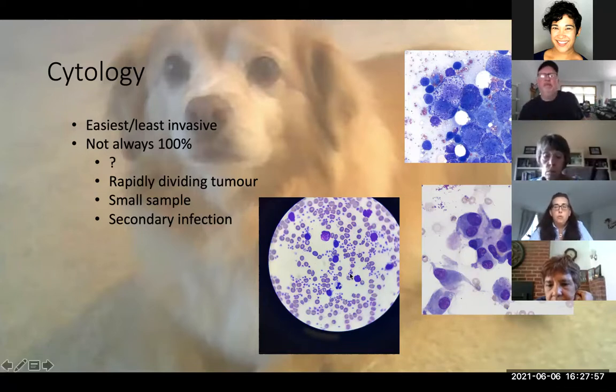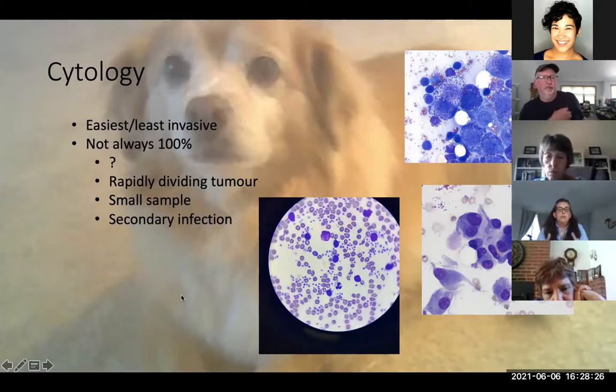But if you look at the one on the bottom left, these are the neoplastic cells, the cancer cells, and they are only a few. The majority of them are red blood cells. So I'm not going to be able to say with confidence that this is truly a cancerous process going on, and I'm going to need to do some more diagnostics to come up with a diagnosis.